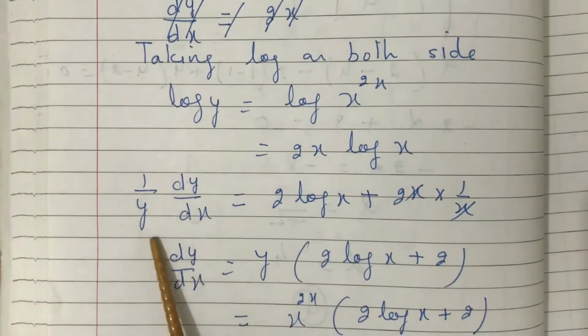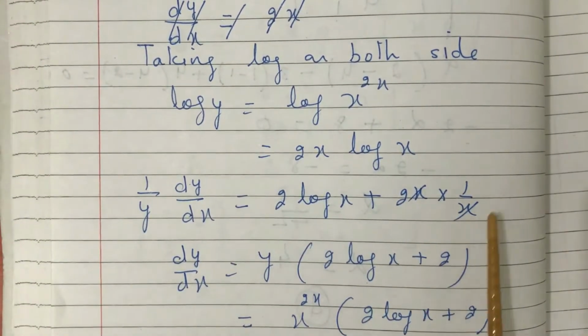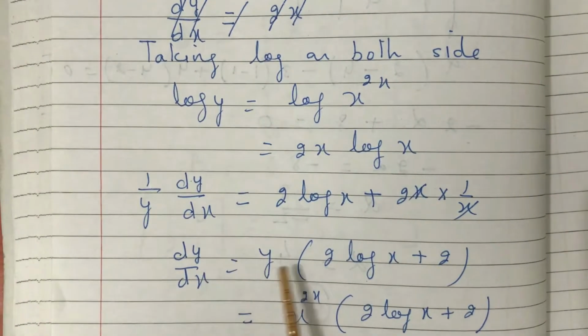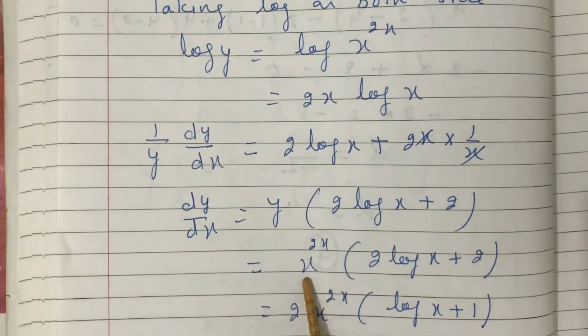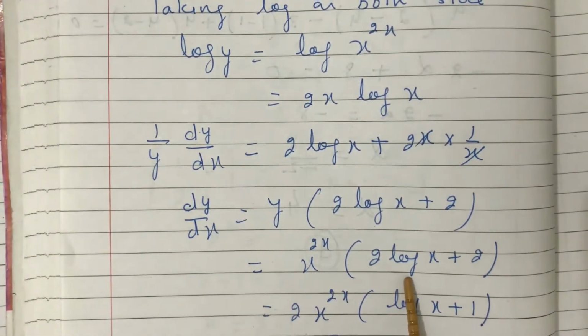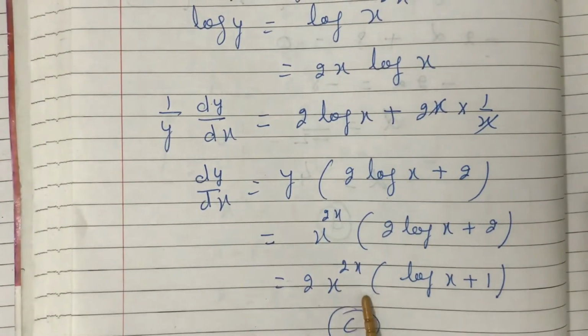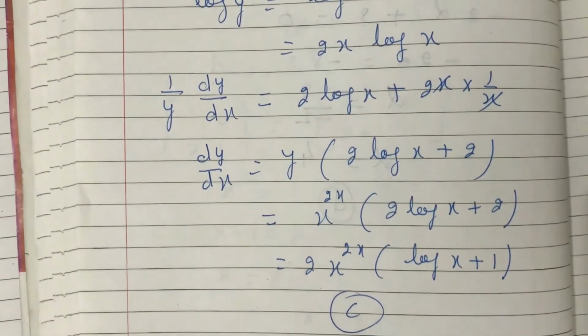We will have 1 by y dy by dx is equal to 2 log x plus 2x into 1 by x. I have applied the product rule, and dy by dx is equal to y into (2 log x plus 2). So instead of y, I am going to write x raised to power 2x and in the bracket 2 log x plus 2. Take 2 common, you will have 2 x raised to power 2x into (log x plus 1) in the bracket. So C is the option.